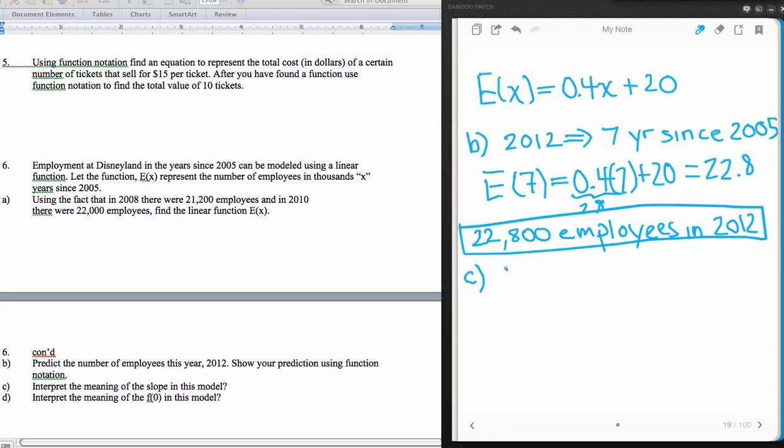So what this means is that we have a change of 0.4, and that's in the dependent units, so 1,000 employees, and it should actually say more employees, because it's increasing, it's a positive number. So 0.4 thousand more employees every year since 2005.